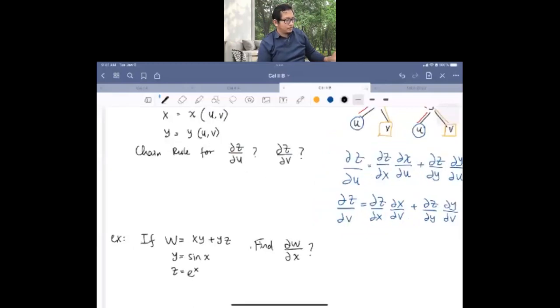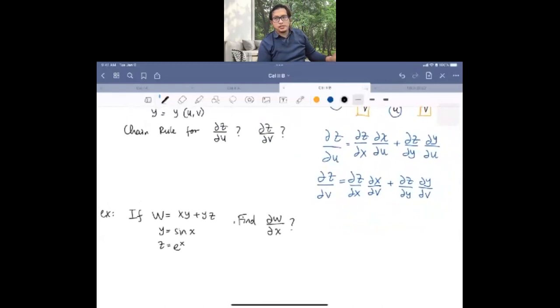I think I can give you a couple of minutes to try on your own. And the tree diagram is not always perfectly balanced.